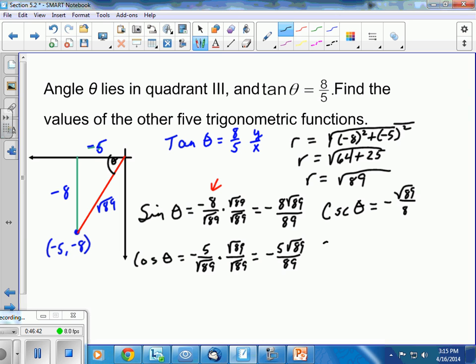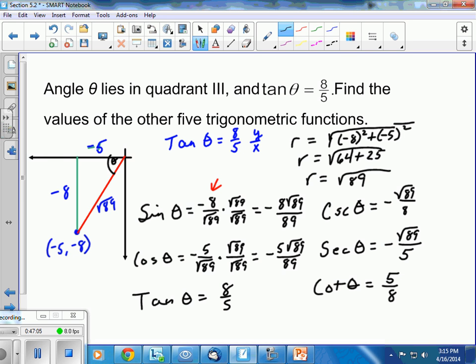The reciprocal function, secant of theta, again, I'm going to go back to that first ratio. It's the simplest, and I'll have negative square root 89 over 5. I already had the tangent. The tangent of theta was 8 over 5, so therefore the cotangent of theta, of course, is its reciprocal, 5 over 8.